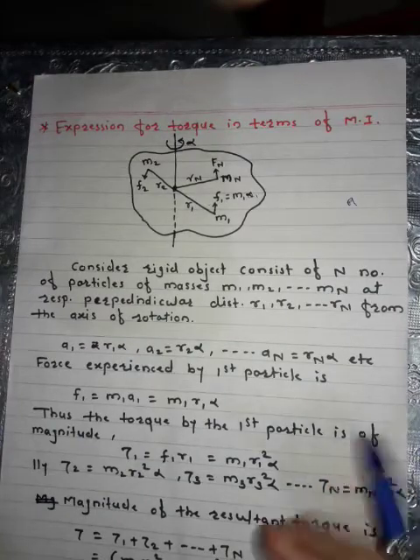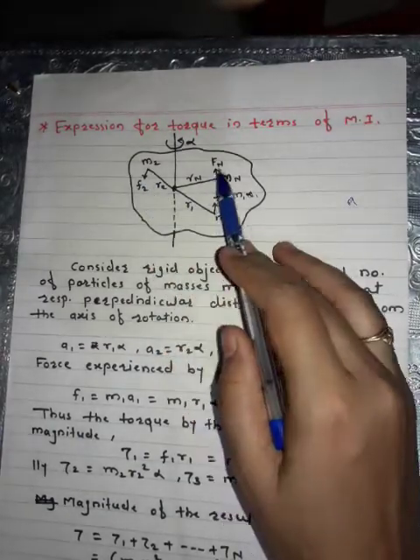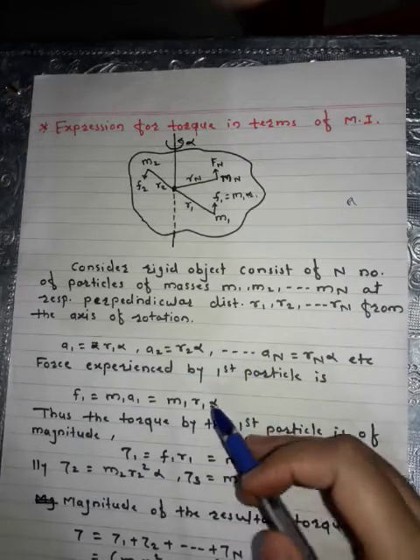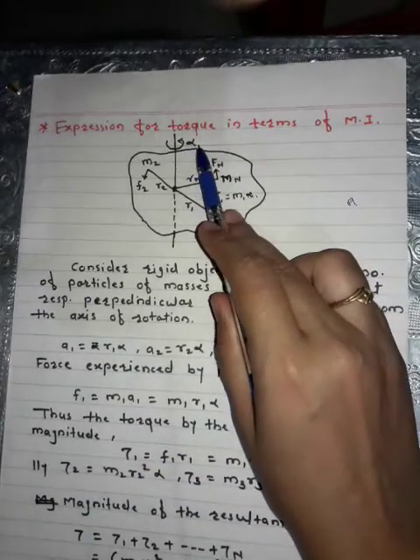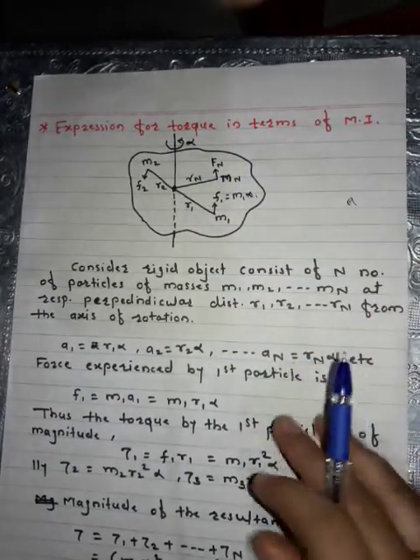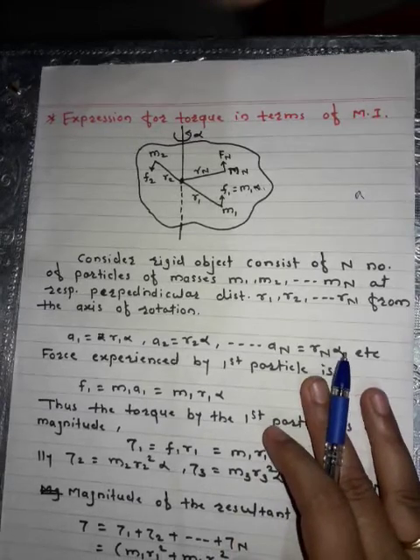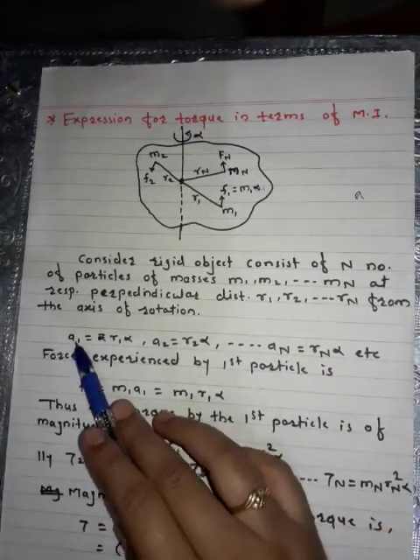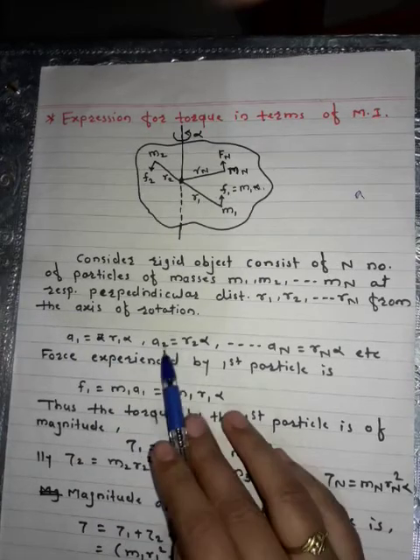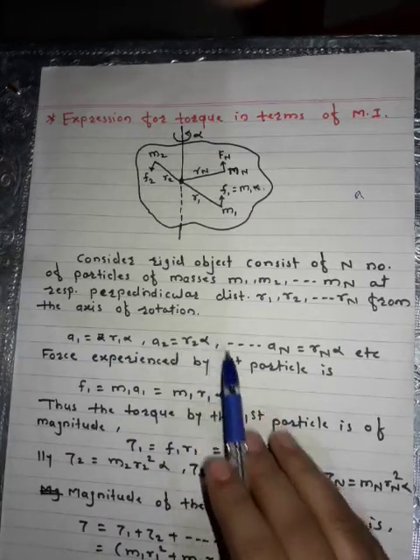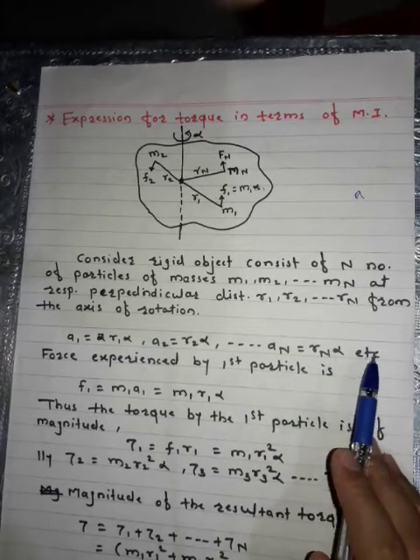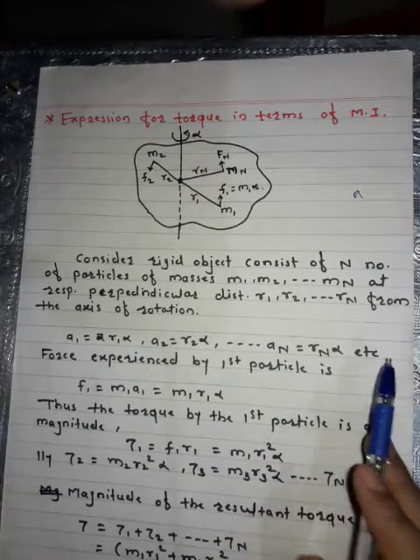As the object rotates, all these particles perform uniform circular motion with the same angular acceleration alpha, but with different linear accelerations. So the linear acceleration a1 is equal to r1 alpha, a2 is equal to r2 alpha, an is equal to rn into alpha, etc.